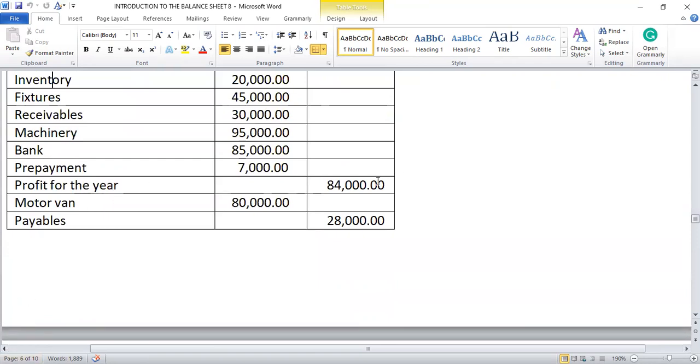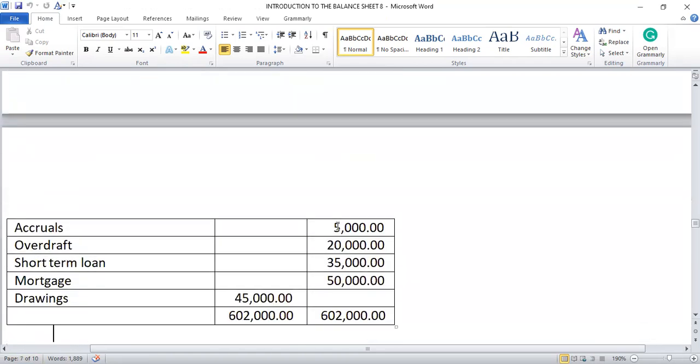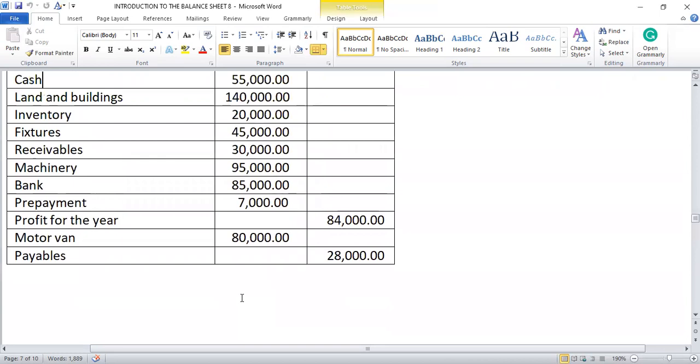Profit for the year $84,000. Motor van $80,000. Payables $28,000. Accruals $5,000. Overdraft $20,000. Short-term loan $35,000. Mortgage $50,000. Drawings $45,000. Then you add up all the debits and also the credits.